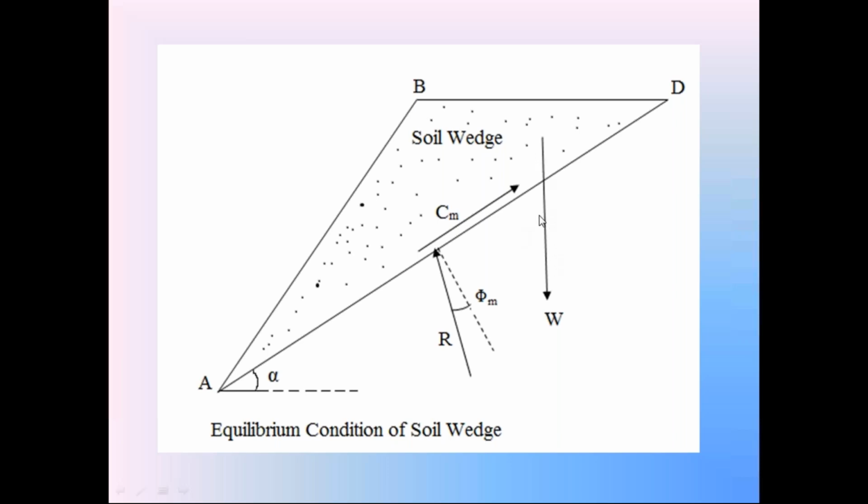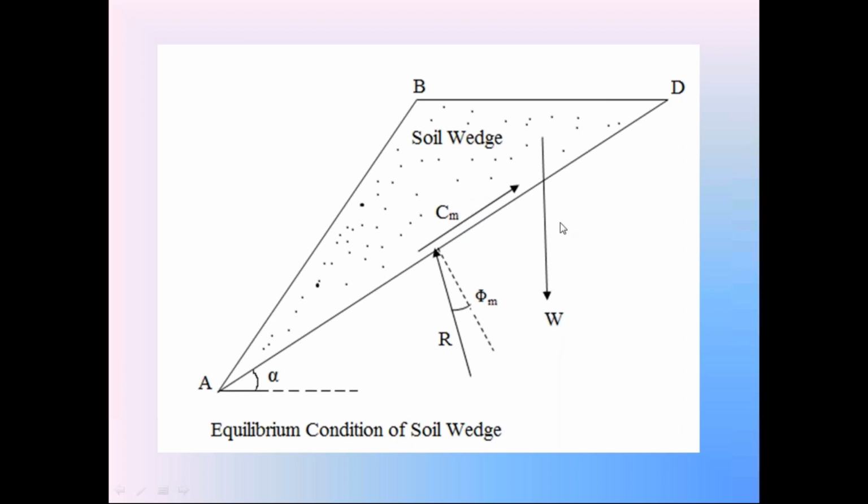One is the weight of the soil wedge. Next one is the mobilized cohesion. Third one is the reaction. Since this soil wedge is in equilibrium condition, these three forces form a force triangle. Since we have three forces, these three forces form a closed force triangle.